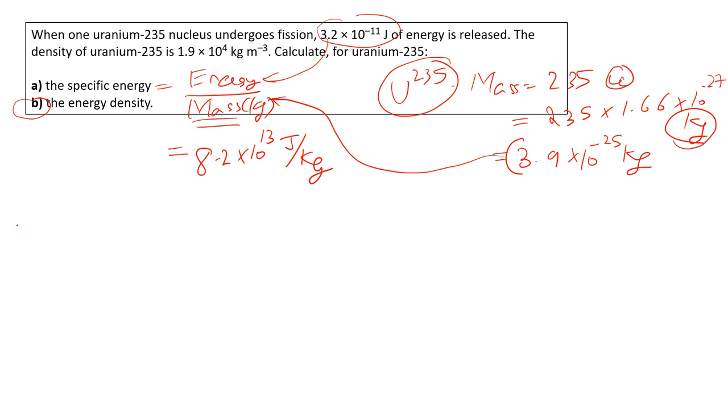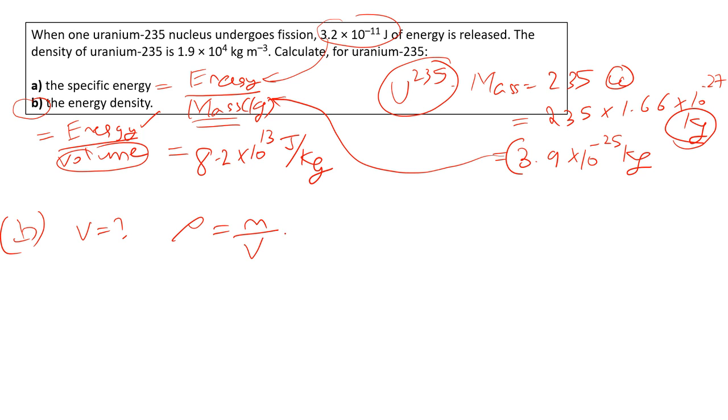Good. So either we do that, or let's start from the basics. The energy density formula is the energy divided by the volume of the nucleus. So energy you already have, the volume is what you need. Density is equal to mass divided by volume, so the volume can be written as mass divided by density, right?